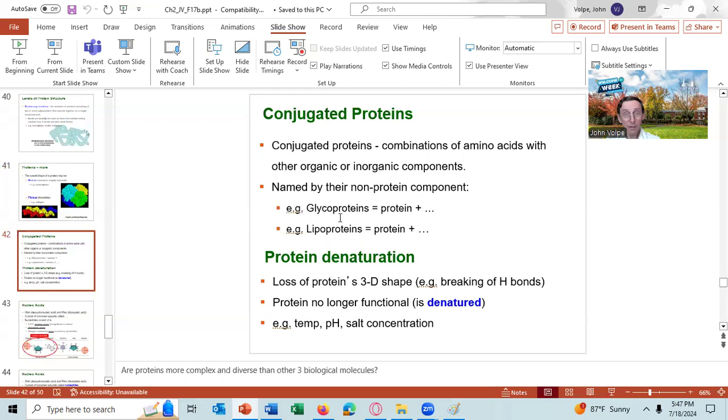Like glycoproteins are a glycogen connected to a protein. Lipoprotein is a protein connected to a lipid. And you can find both glycoproteins and lipoproteins in the blood, as well as the cell membrane. Any questions about any of that?